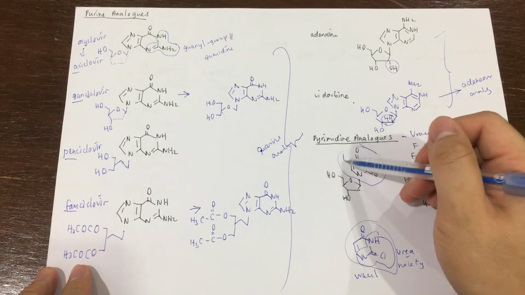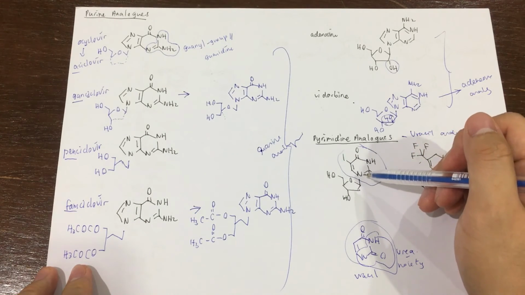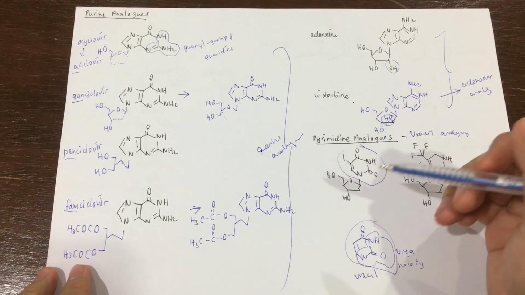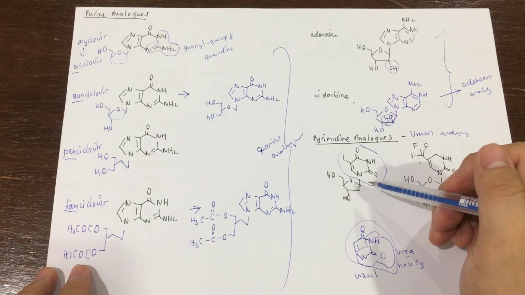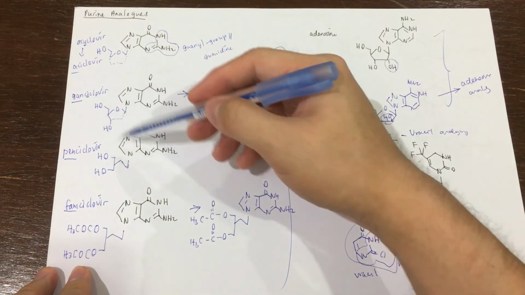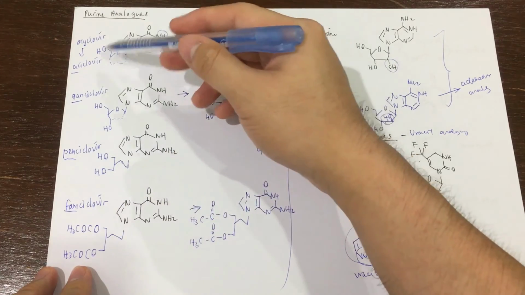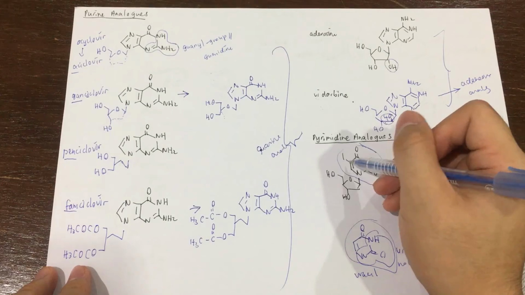Do you see the iodine here? And of course, as I mentioned just now, in order for purine and pyrimidine analogues to become an effective antiherpes drug, it has to have a sugar or somewhat a portion of a sugar here. Okay, now so here it's an iodine.